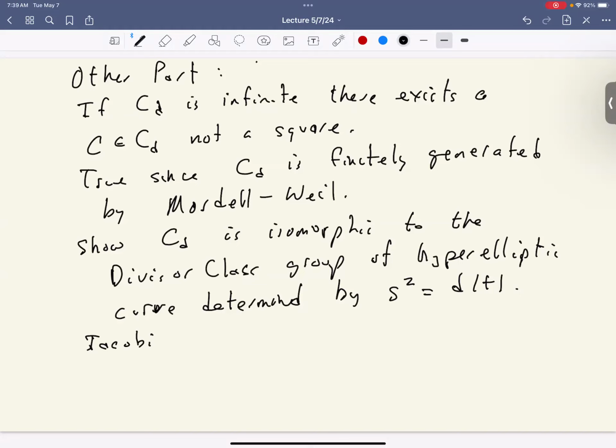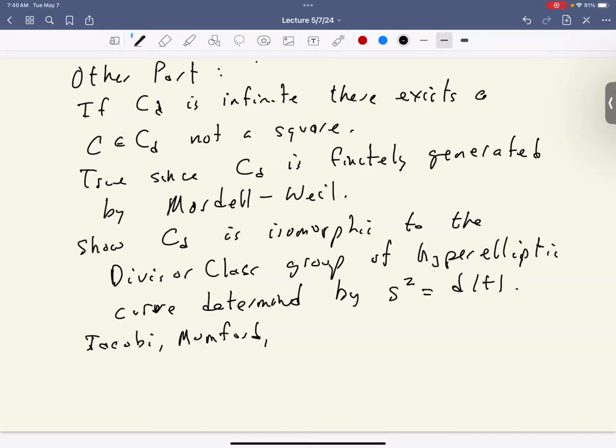But then Mumford, in his Tata lectures, used that. He really brought it out to show that the Jacobian can be made into a variety, into an abelian variety. He used this polynomial interpretation.